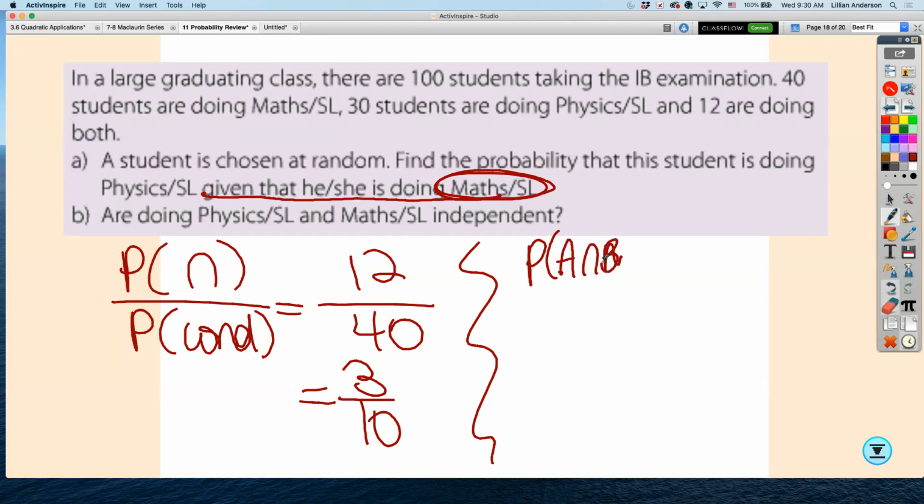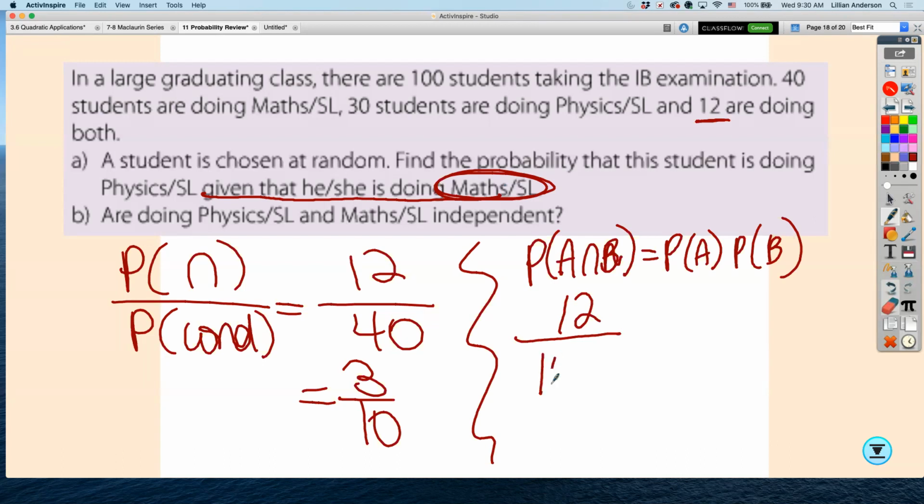So looking for the intersection of the first times the second. Well, we know the intersection is the ones that were doing both, right? That's 12 out of how many? 100. How many did math?